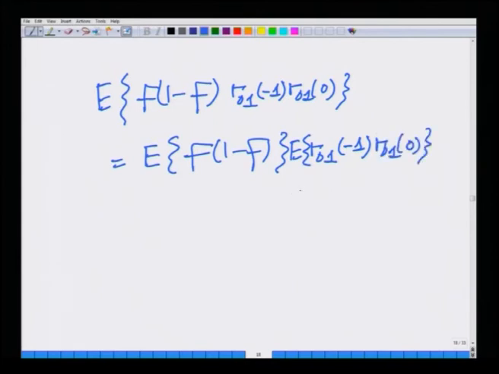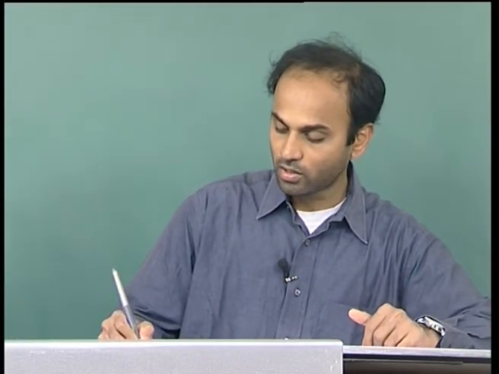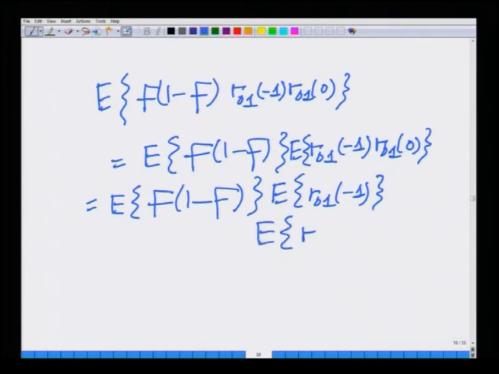Now, further we know that R01 of minus 1 and R01 of 0 are also both independent quantities because they are shifts of the correlation sequence, and this is nothing but expected f into (1 minus f) expected R01 of minus 1 into expected R01 of 0.